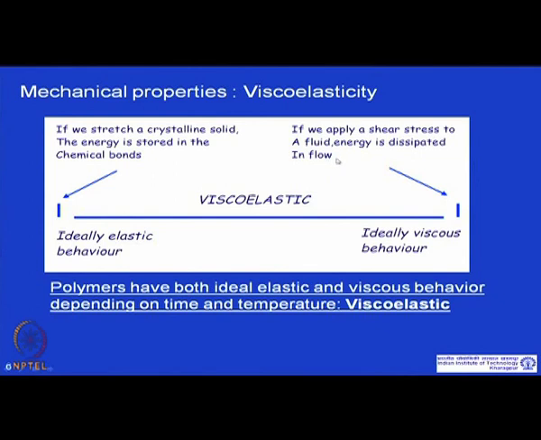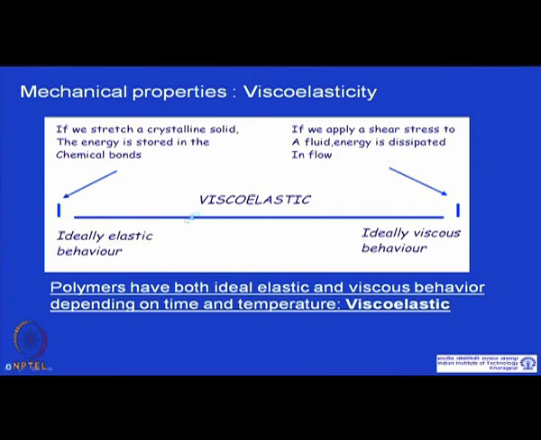If I remove the stress, it does not come back to the original state. In a fluid, if I apply a shear stress, energy is dissipated in flow, not stored. So, in an elastic material energy is stored, whereas in a fluid energy is dissipated in the flow. This is ideal viscous behavior.